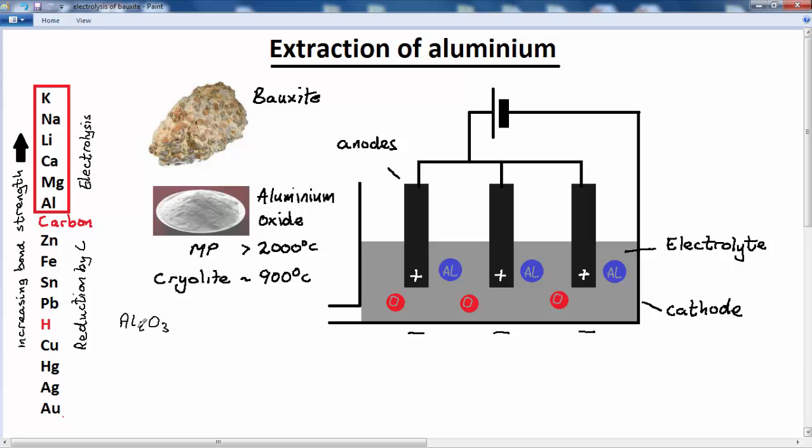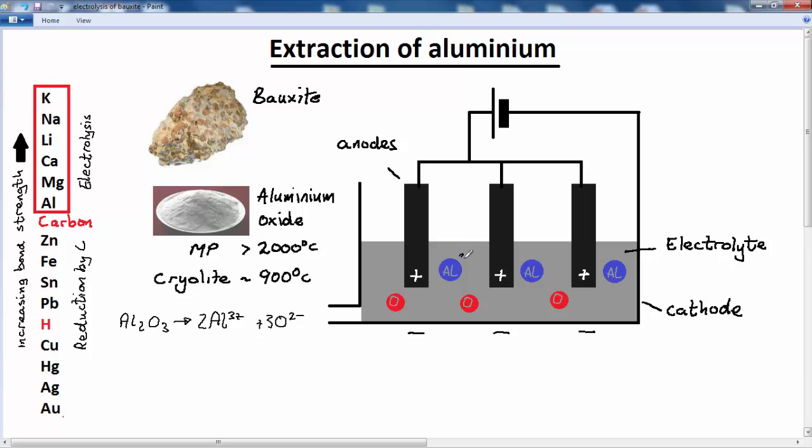So you've got Al2O3, that's the formula for aluminium oxide, that will become Al3+ and O2-, so we're going to have 3 of those and 2 of those. Here we've got the aluminium and oxygen ions in the fused aluminium oxide.